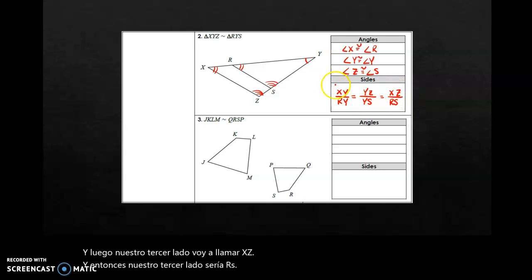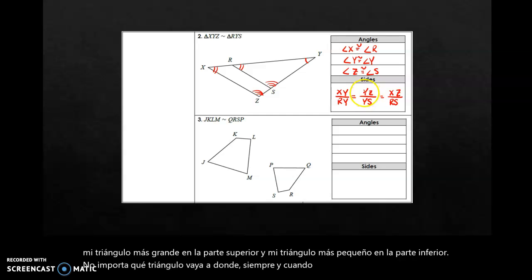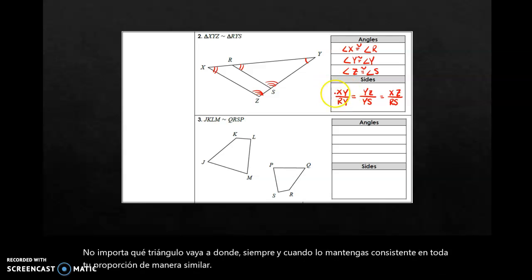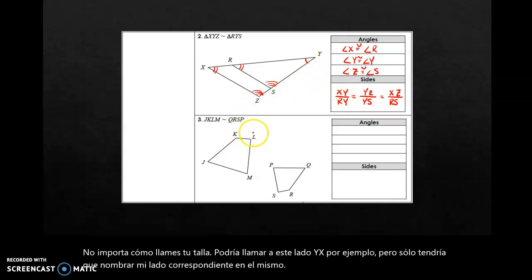Notice that I keep the fractions consistent in terms of always putting, in this case, my bigger triangle on the top and my smaller triangle on the bottom. It doesn't matter which triangle goes where, as long as you keep it consistent throughout your entire proportion. Similarly, it doesn't matter what you name your sides. I could call this side YX, for example, but I would just need to name my corresponding side in the same way.